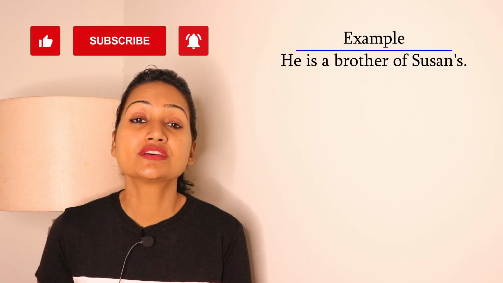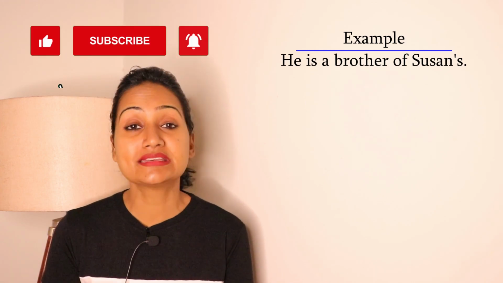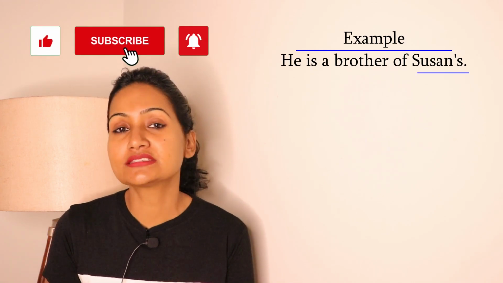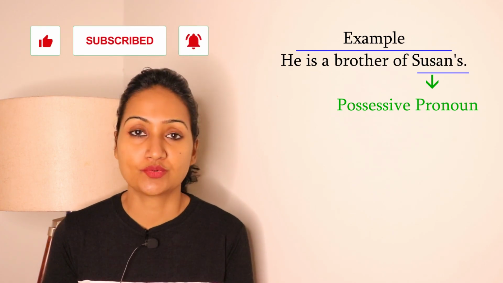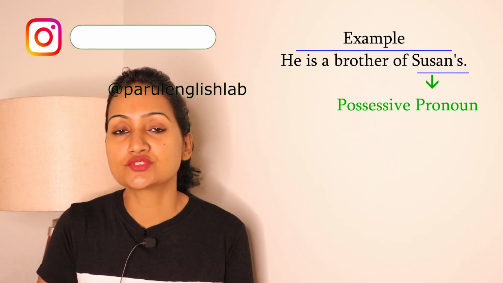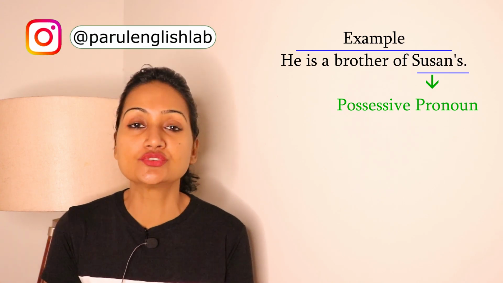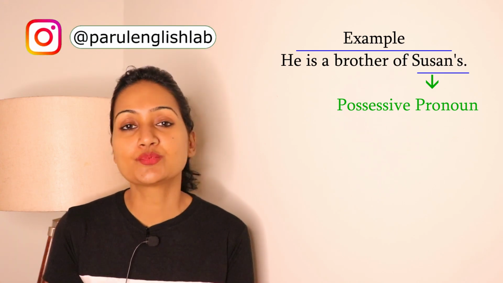Now, in this sentence, he is a brother of Suzanne's, Suzanne's is a possessive pronoun because it comes in place of the noun. So in place of Suzanne's brother, you have used Suzanne's. So it's a possessive pronoun. So that depends on the sentence. Once you read the sentence, you'll understand whether it's an adjective or a pronoun.